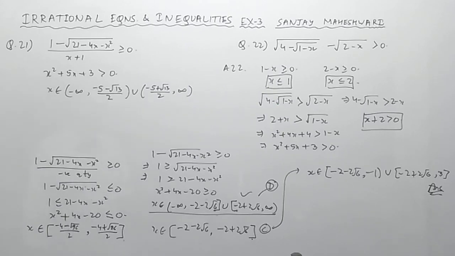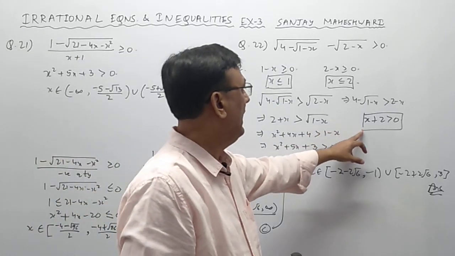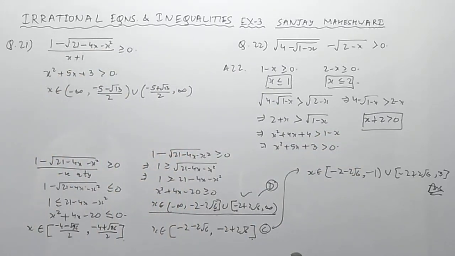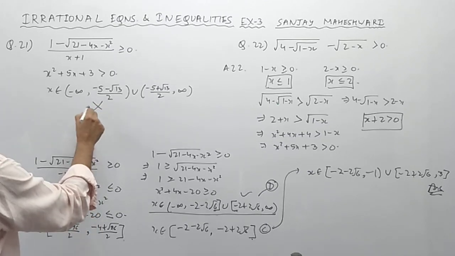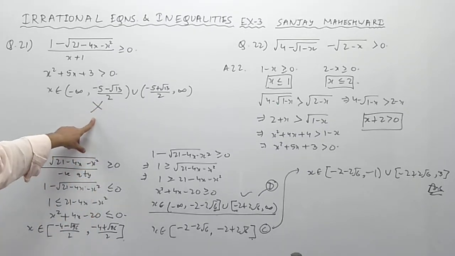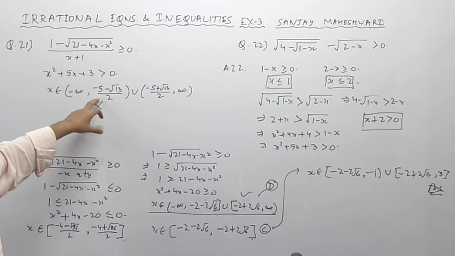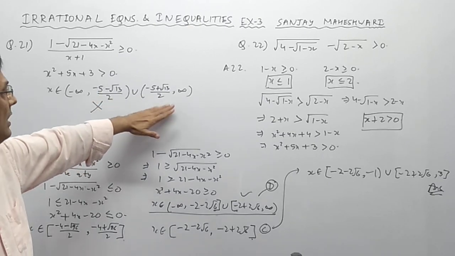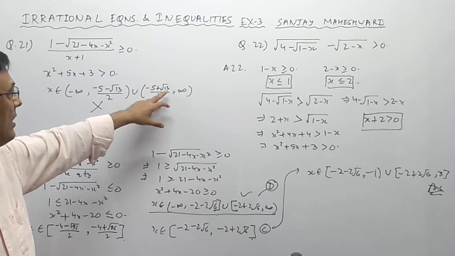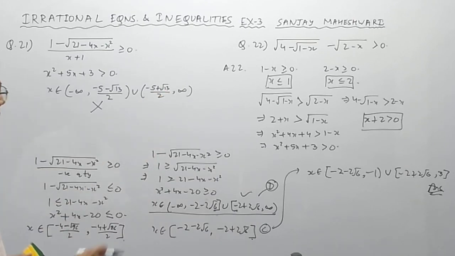Now we will examine all the conditions given to us. x should be greater than minus 2. So this is immediately discarded. x should be greater than minus 2. So this term's value is less than minus 2. So we have to keep within this limit. So let us see what happens here.